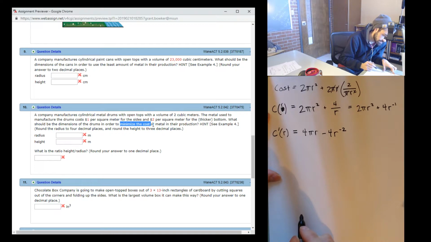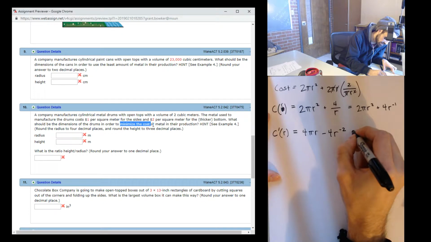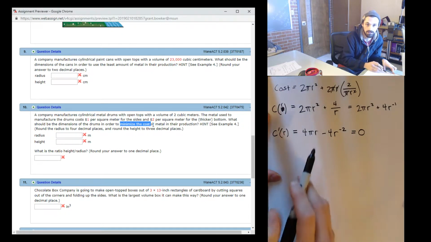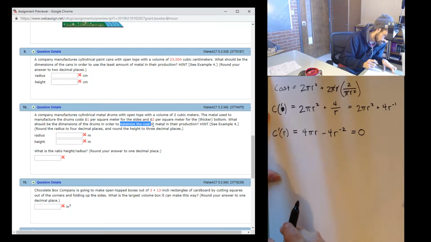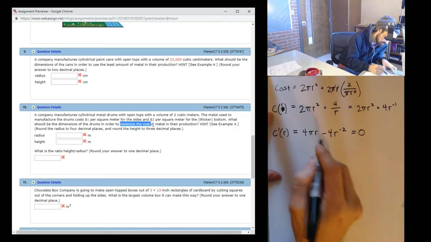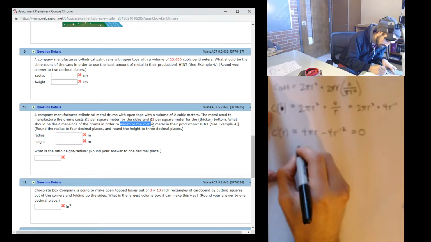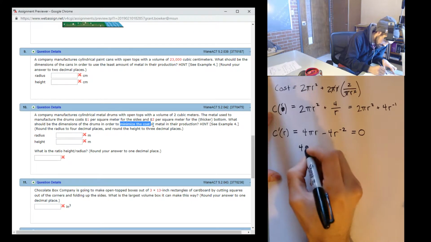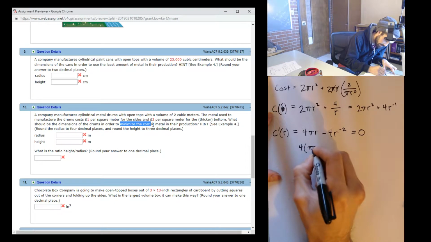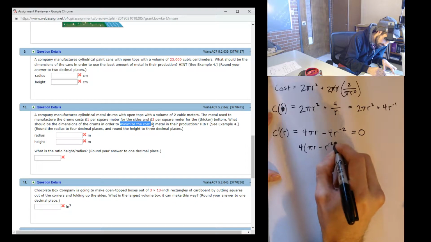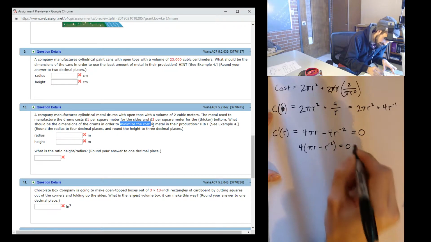There's a few different ways I can do this, but recognize we need to set this derivative equal to 0 and solve for the value of r that makes this true. I see a 4 in common, so I can write this as 4 times pi r minus r to the negative 2 equals 0.